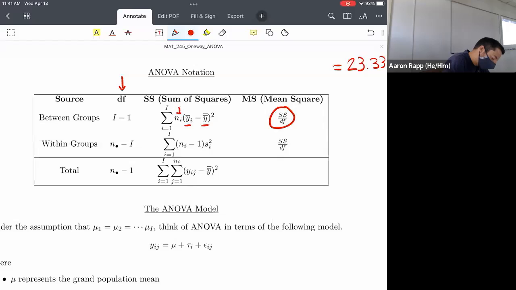So again, this S_i squared here is the sum from j equals 1 to n_i of (y_ij minus y_i bar), that sample mean, squared, divided by n_i minus 1.